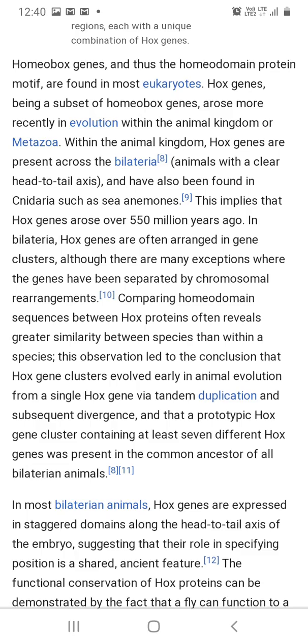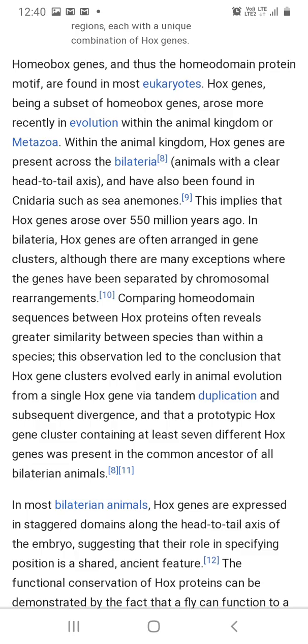The homeobox gene and thus the homeodomain protein are found in most eukaryotes. Hox genes, being a subset of homeobox genes, arose more recently in evolution within the animal kingdom.